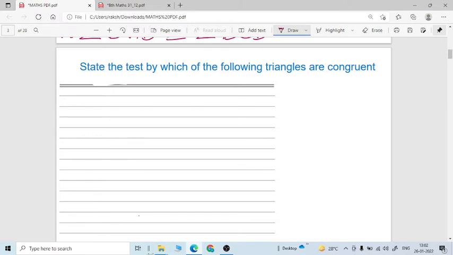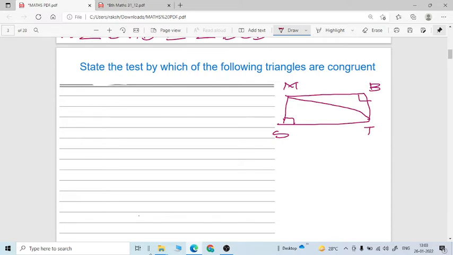Let me draw a diagram. M S T B. M S T B. Okay. In this, in a rectangle, we have drawn a right angle triangle.